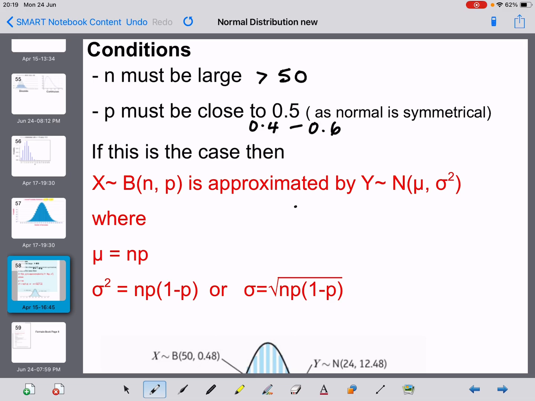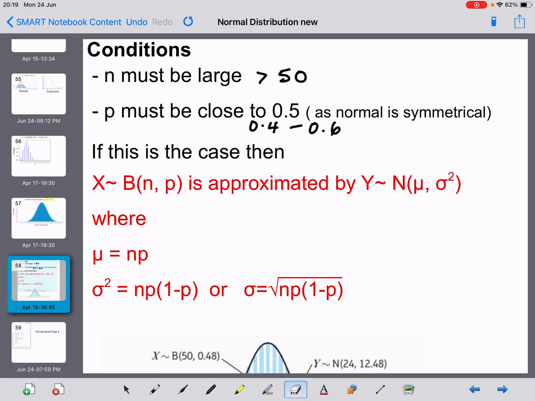The bigger n is, the closer p is to 0.5, the more accurate the approximation. Those two conditions must be satisfied, and in exams they might ask you why it would be suitable to use the normal approximation, and it'll be because of those two conditions that have been met.